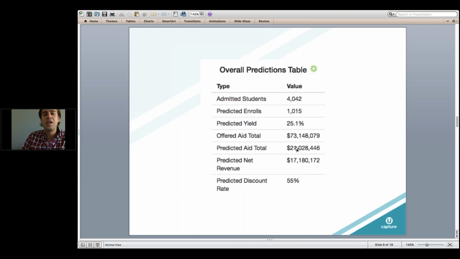And so, given the students that we predict are likely to enroll, this is actually what you're probably going to spend, around 21 million, with a predicted net revenue of 17 million. And from that, also the predicted discount rate. So to give you, again, the idea of whether you're likely to meet your class and whether you're going to meet those other goals of staying within your aid budget and having an acceptable discount rate.